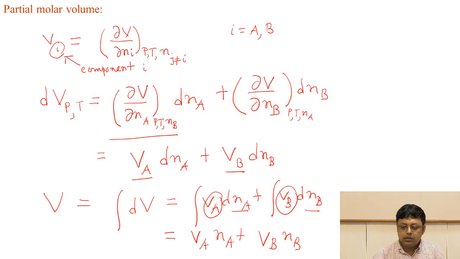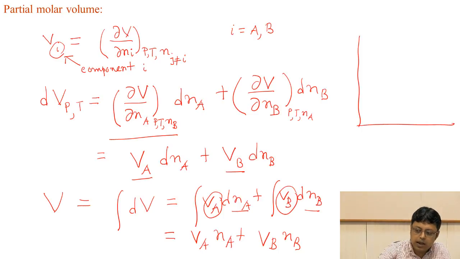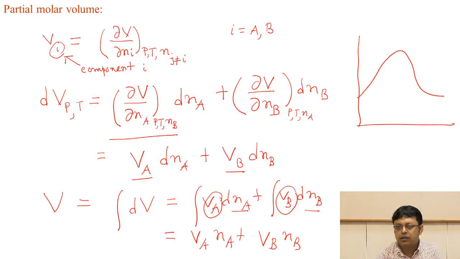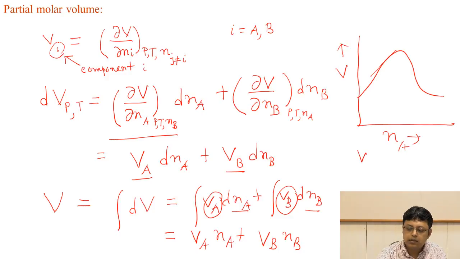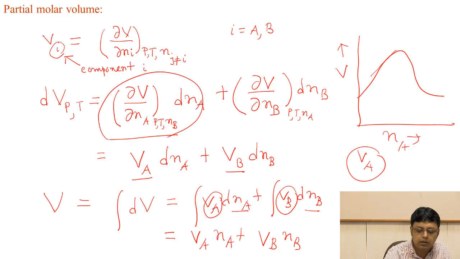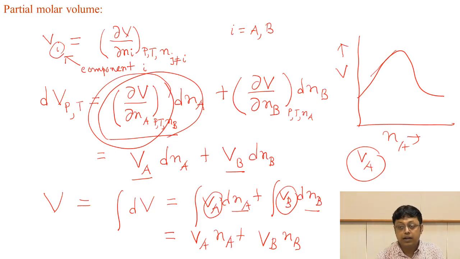Now the question is how the curve will look if we change some volume. You see that the general nature of the curve is very nonlinear, in the sense that if we plot V versus mole fraction of A, the slope of the curve is nothing but the partial molar volume, because by definition this is the slope, dV/dNA, or del V del NA.